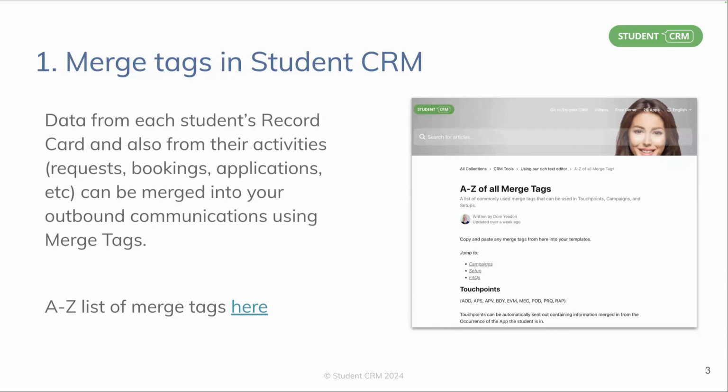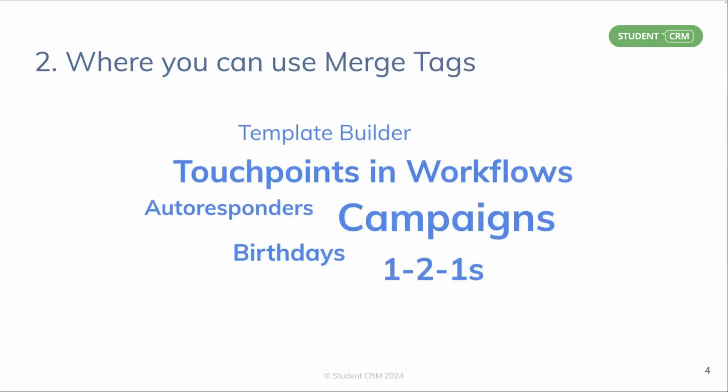Now, to see the enormous list of merge tags, we've got a screenshot on the right here of an A to Z of all merge tags. It's a help article. So when this comes back out, you can either search for A to Z or click this link here and it'll take you to that listing. In there, you can get some quite good ideas from just looking through the variety of merge tags available to you. So the big question is where you can use merge tags.